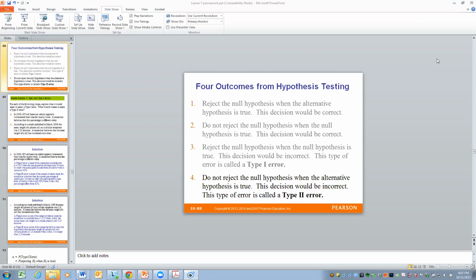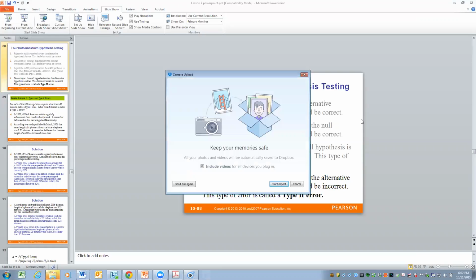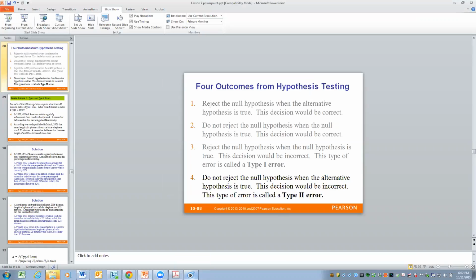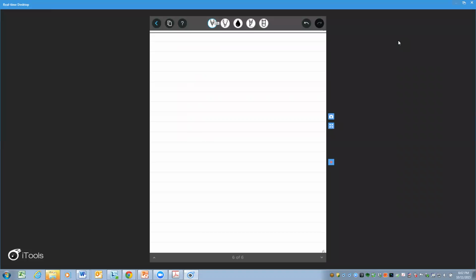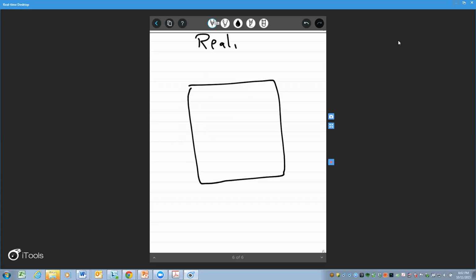So the idea is that we have the following. I'm going to have reality versus our test.